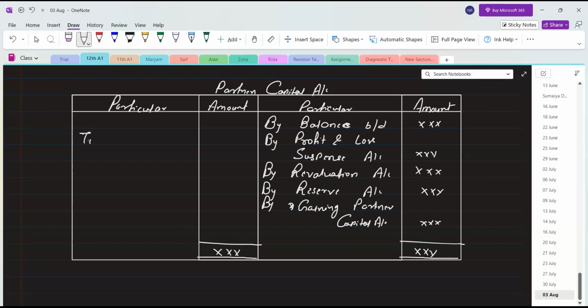On the debit side, we will write to adjusting goodwill. If there is any revaluation loss, then to revaluation account. And after that, if there is any profit and loss negative balance, then profit and loss account.